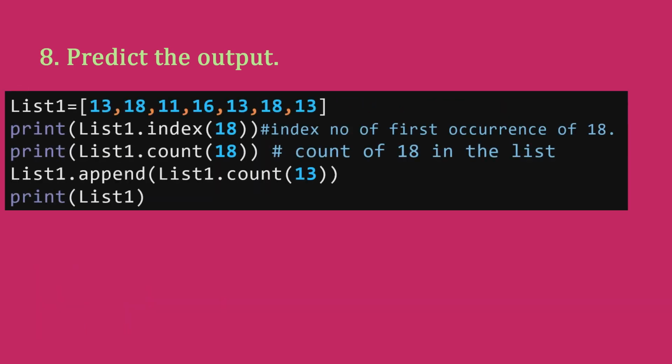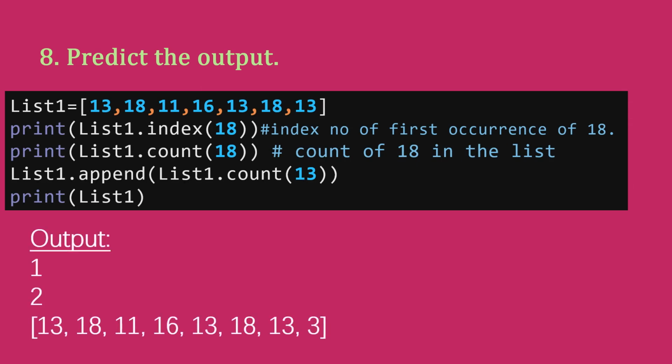Now predict the output. Here list 1 contains some values. Now you have to print list1.index of 18. This will give you the index number of the first occurrence of 18 in the list, that is 1. That means 18 is present at index number 1 in this list. Now print list1.count of 18. How many times is 18 present in the list?